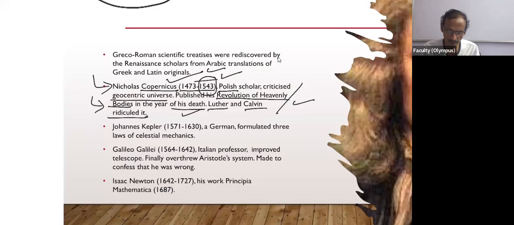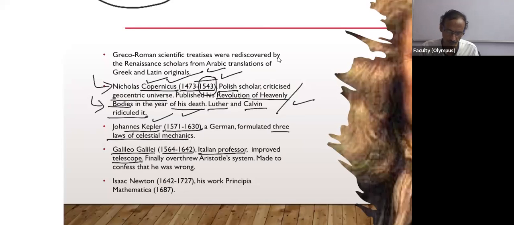And next came Kepler, 1571 to 1630, was a German, and formulated 3 laws of celestial mechanics, which are now called Kepler's laws, reinforcing Copernicus' view of the universe. And then came Galileo Galilei, 1564 to 1642. He's an Italian professor.